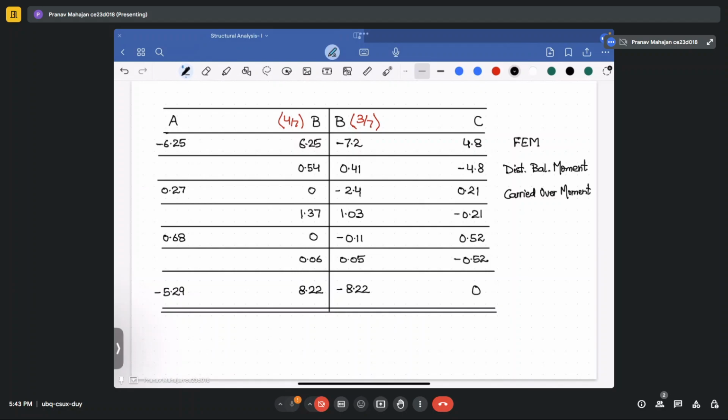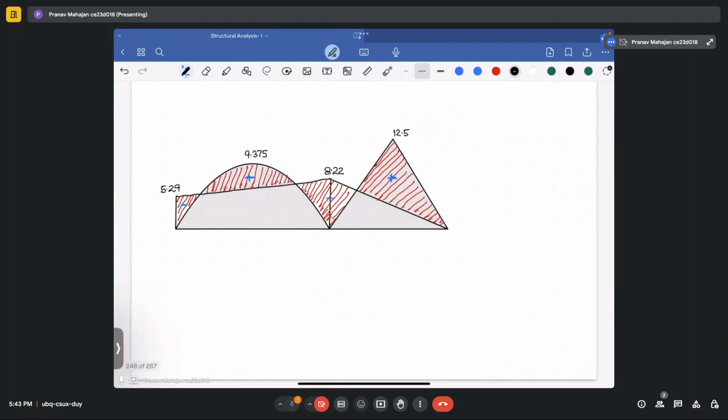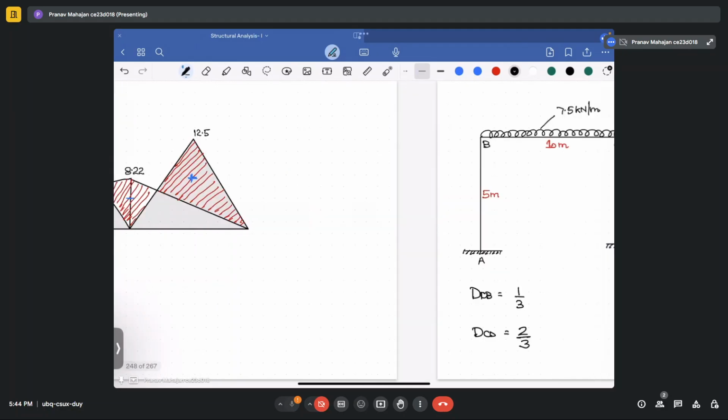Then we totaled and checked whether at a particular joint the distributed moments are balanced. If they are not balanced, then we again proceed until the distributed moments are balanced at that particular point. Okay. After that, we have also determined the bending moments that are there in the particular continuous beam.